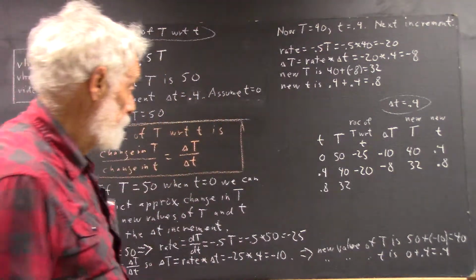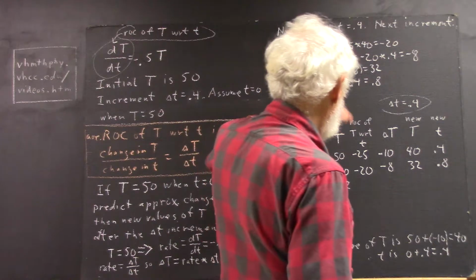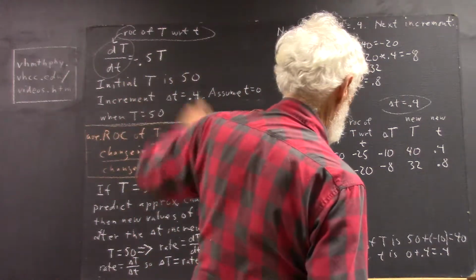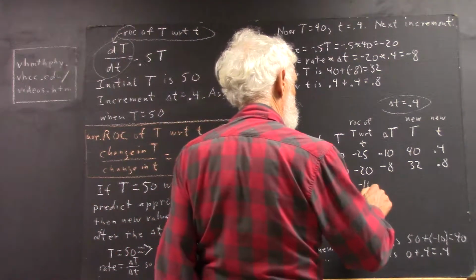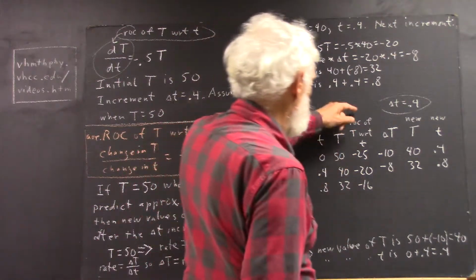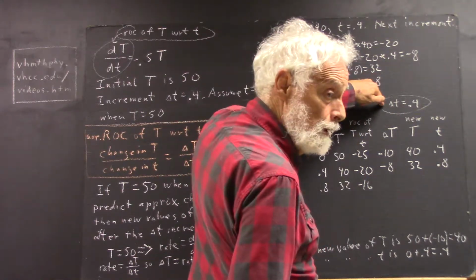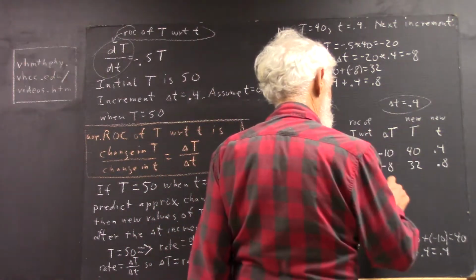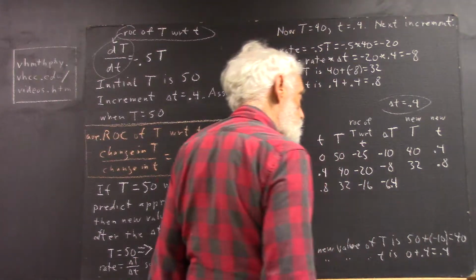I'm not going to write the rest out, I'm just going to write the calculations out. To get our rate of change of big T with respect to little t, we apply our rule. We multiply 32 by negative 0.5, we get negative 16. We multiply the rate of change of big T with respect to little t by the change in little t, and we get our change in big T, which is negative 6.4.